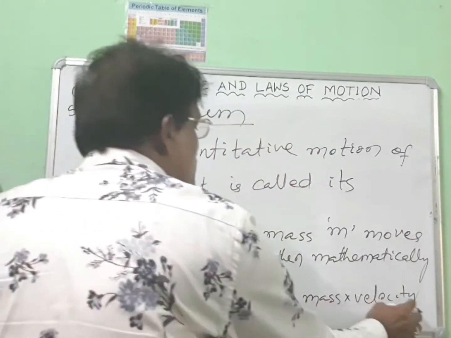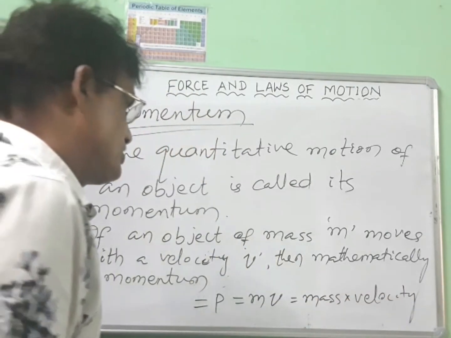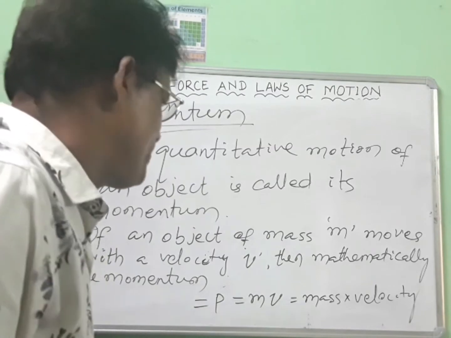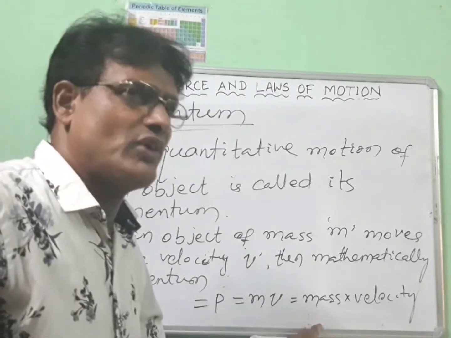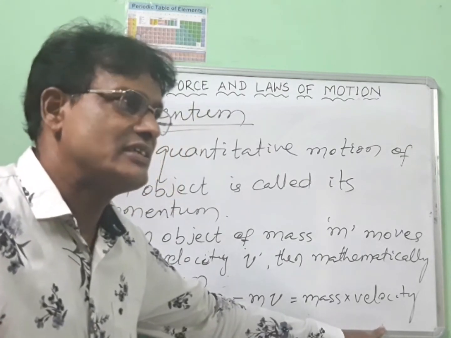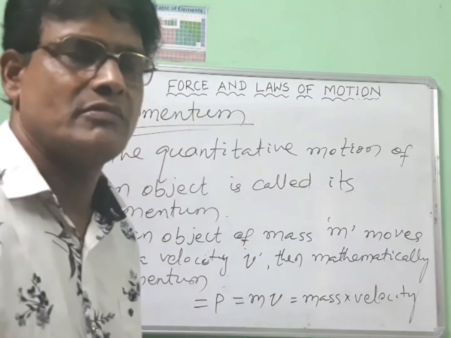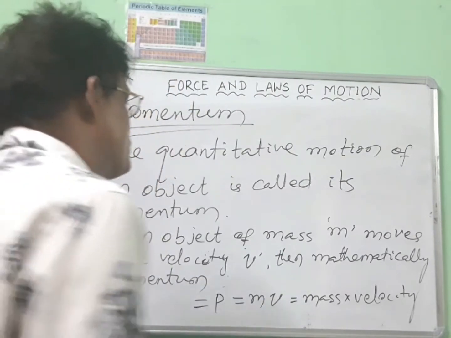This is the quantitative motion of the object. The momentum of a body is the product of the mass of the body into the velocity with which the body moves.